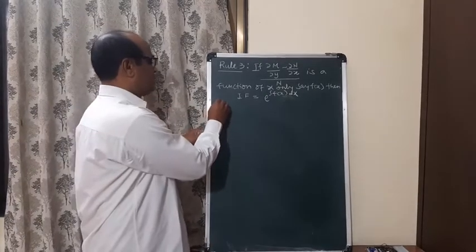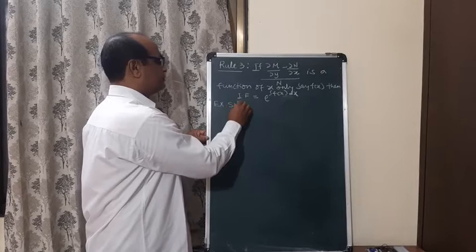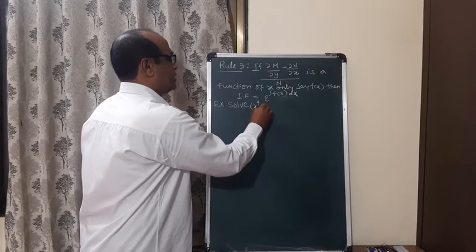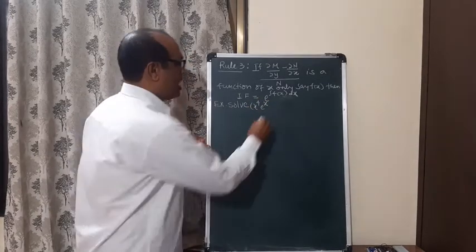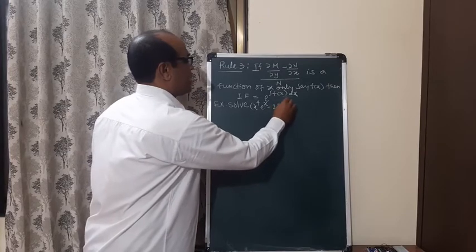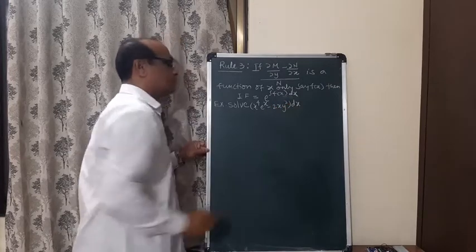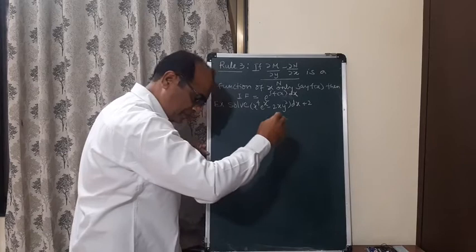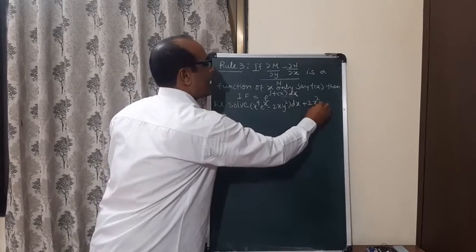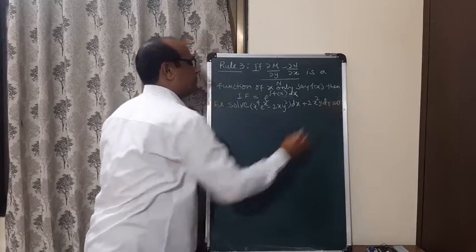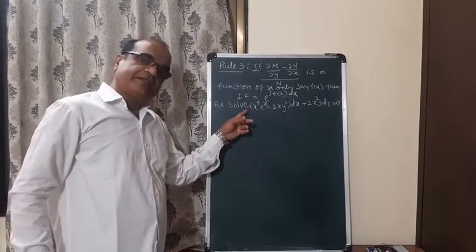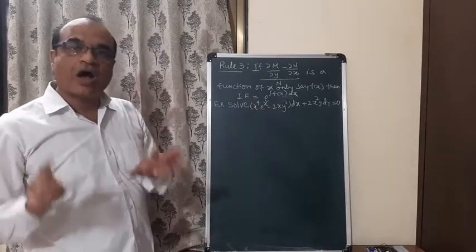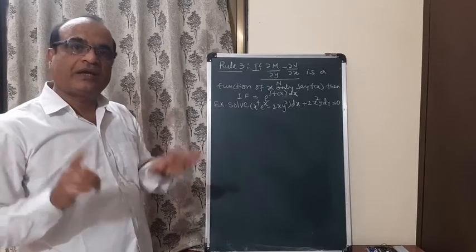So example, take an example. Solve (x⁴eˣ − 2xy²) dx + 2x²y dy = 0. Okay, so this is the differential equation, but this differential equation is not an exact differential equation.